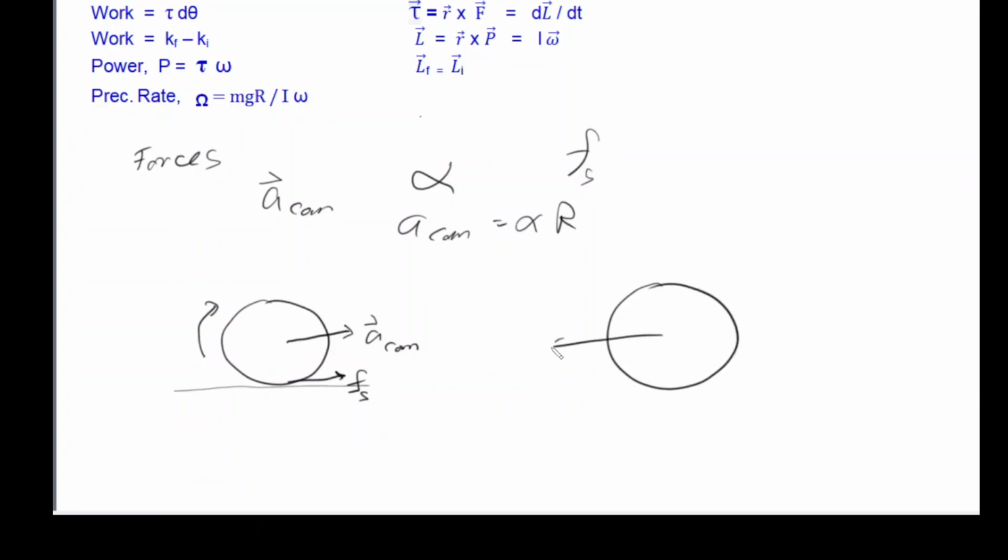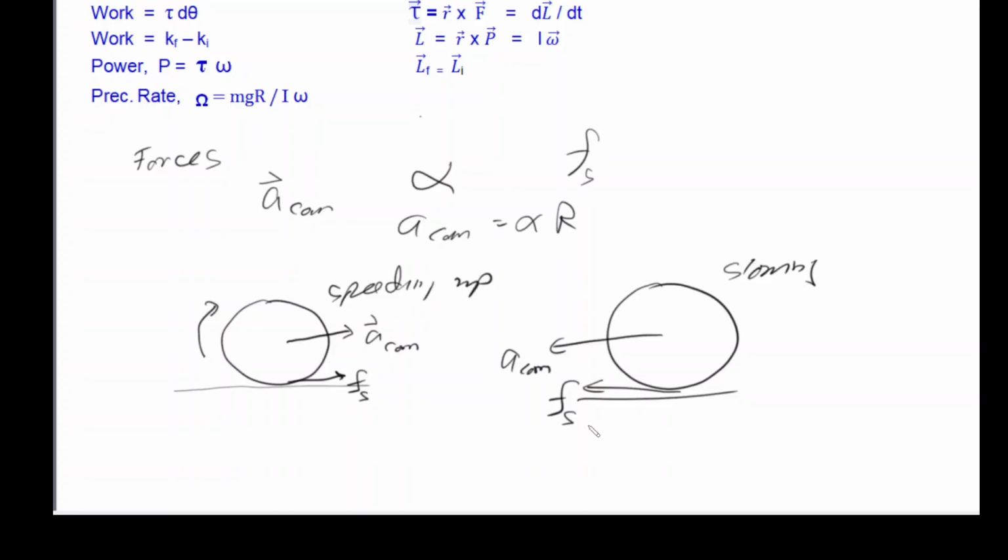In another case, you have the acceleration of the center of mass, but the frictional force is opposing it and the wheel is slowing down. So this wheel is slowing and this wheel is speeding up.